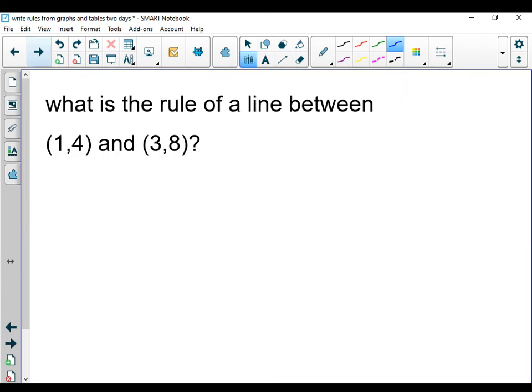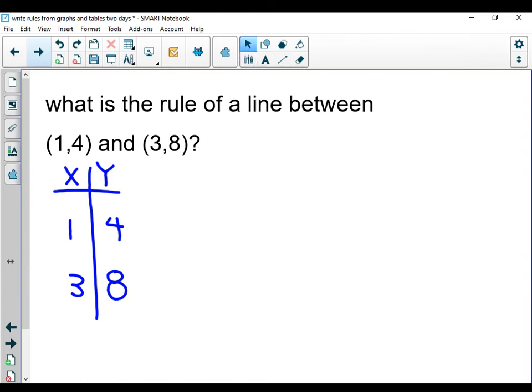Same thing. Just because they don't give you an XY chart does not mean you can't make your own. Do we see any? You guys are so quick with this pattern thing. Good job.